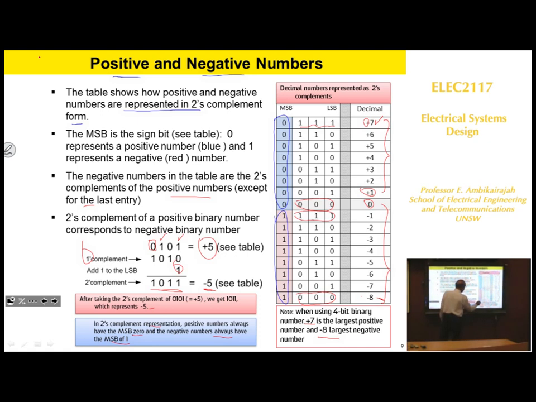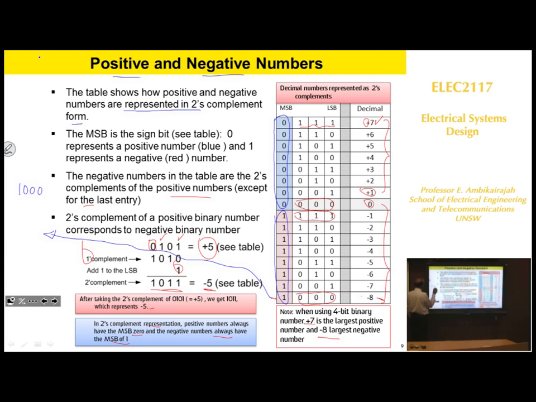Now you have a question here. Some of you might say, okay, how do you know this is minus 8? How do we know? So let's take that number in this corner: 1, 0, 0, 0. We take the 2's complement of that.